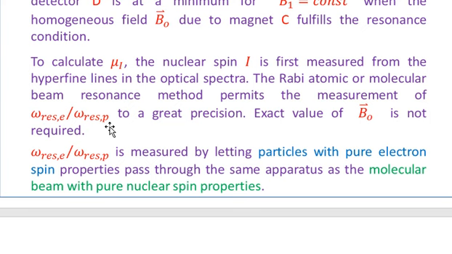So the ratio of omega resonance of electron to omega resonance of proton can be measured to a great precision. Exact value of B naught is not required in these measurements.